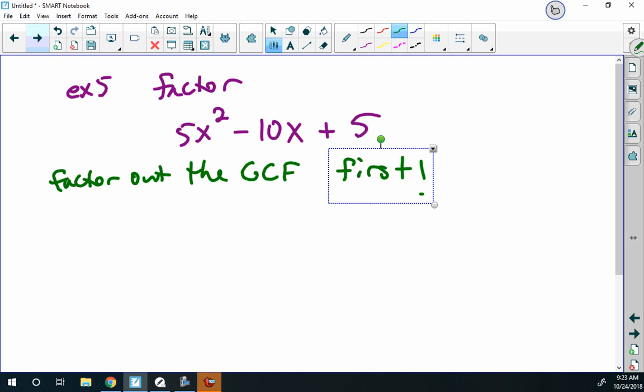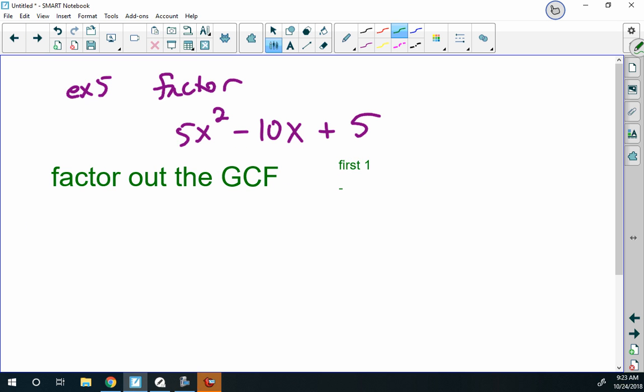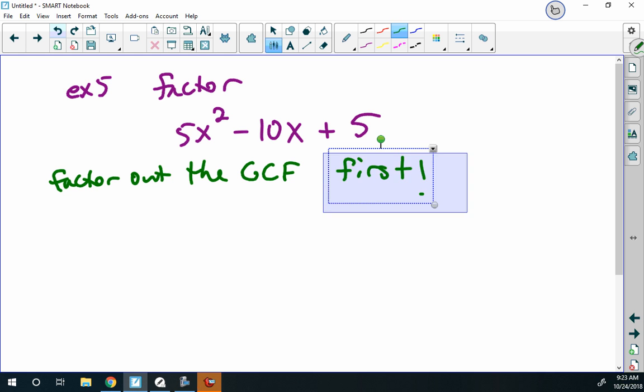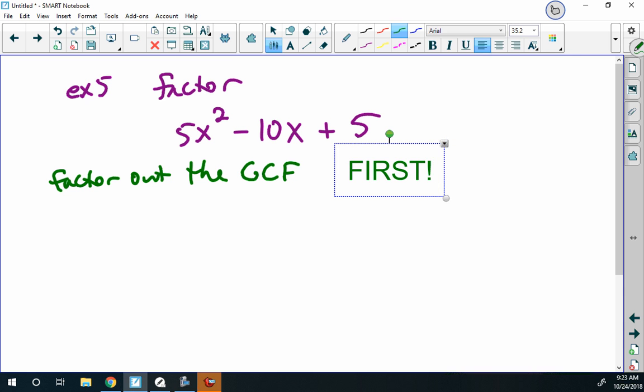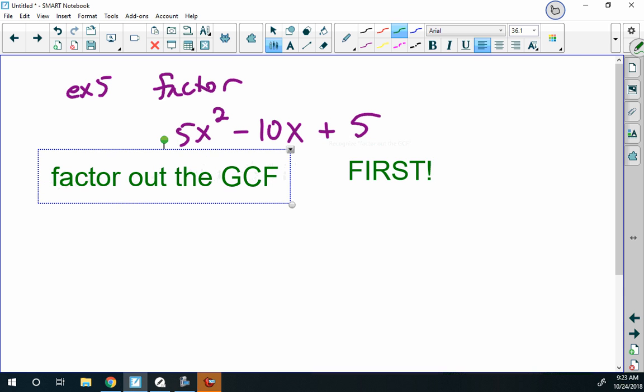It's just going to make life so much easier on you later on. So we're going to factor out the GCF first.